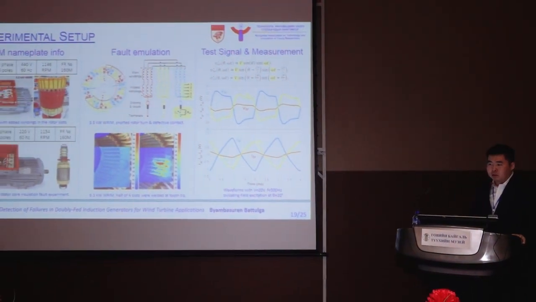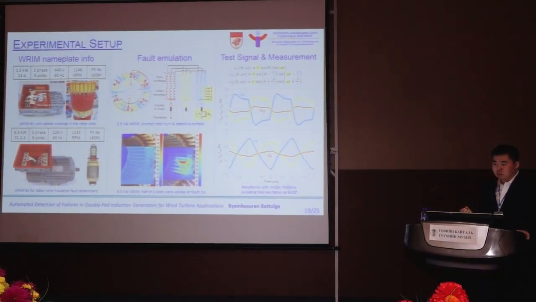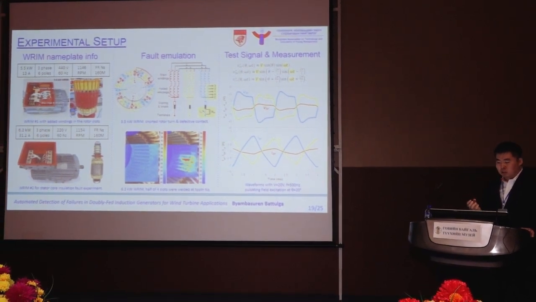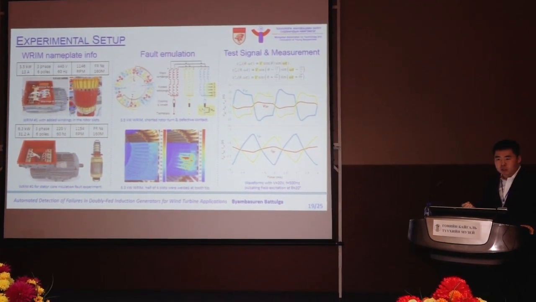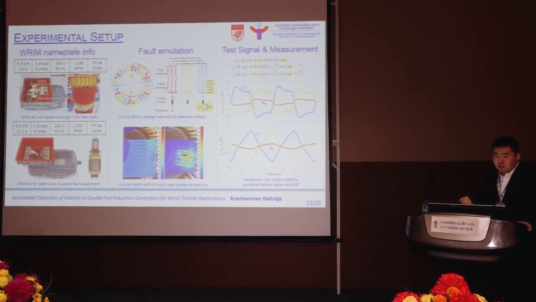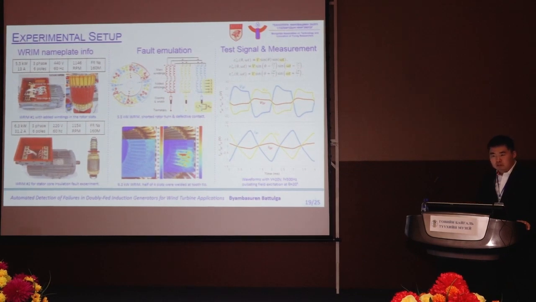When a shorted turn fault happens, much more heat will be produced, and that heat can melt down the winding. So there could be a disconnection, and that fault can also be detected by this test method. Yeah, thank you for the question.